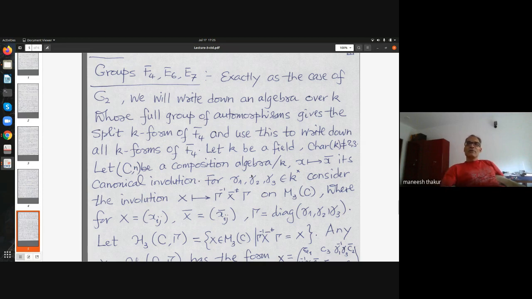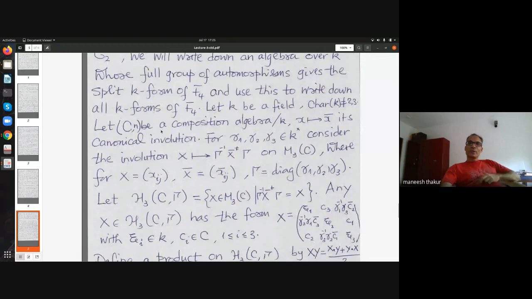We'll write down an algebra over K now, for an arbitrary field K, whose full group of automorphisms will give us the split group of type F4. And using that, we can write down all K-forms of F4. In this, we will continue to assume the characteristic avoids 2 and 3.